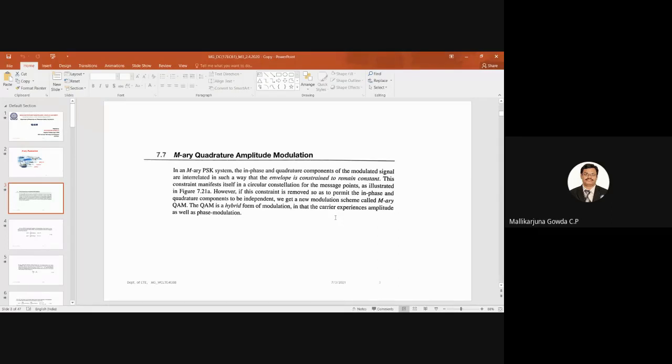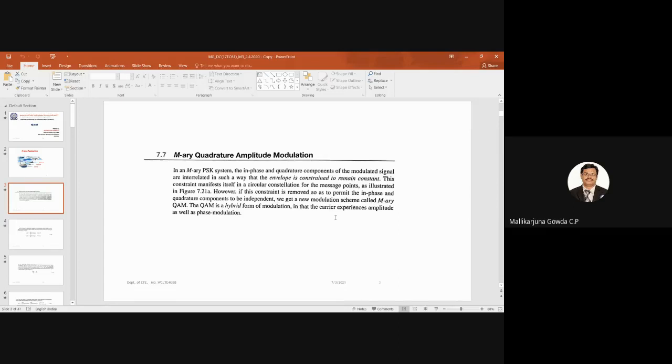In what way is quadrature amplitude modulation, or M-ary QAM, different from M-ary PSK? I repeat once again, in case of the M-ary PSK system, only the phase of the carrier is varied.